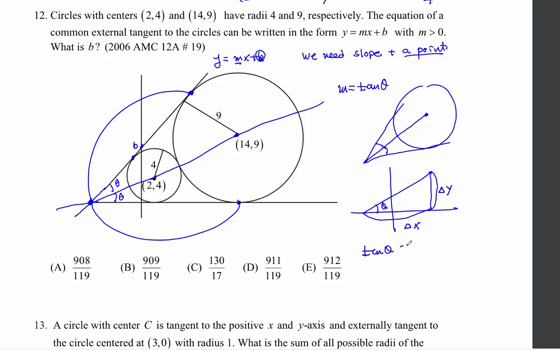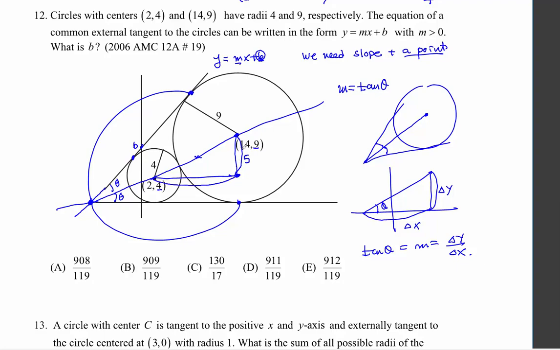Tangent theta equals the slope, it's the same thing, change in y over change in x. What is the slope over here? Maybe you can use these two lines, because between any two points it has the same slope. You're going to find this slope. How much is this one? 9 minus 4 is 5.